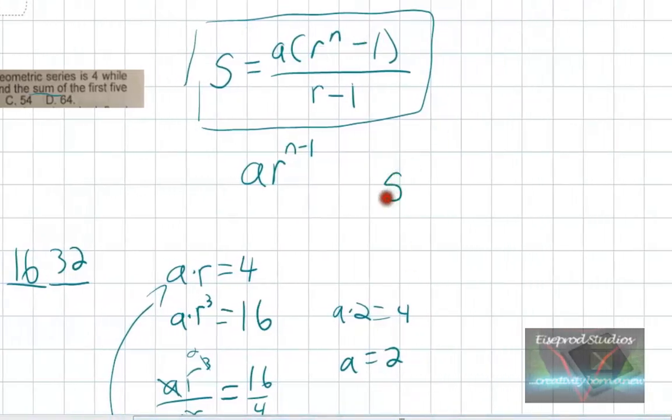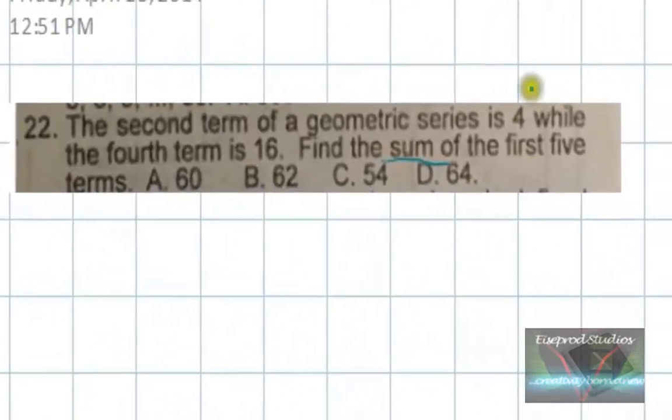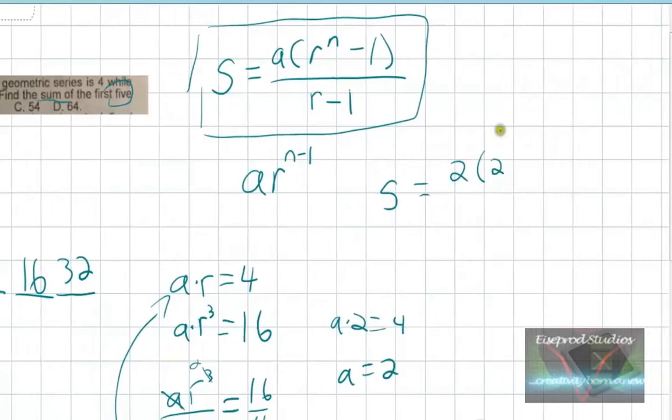So our sum is going to be equal to 2, because that was our first term, times r to the n. We know that our rate is 2, so that will be our r. N is our number of interest, so first 5 terms, so it's going to be 2 to the 5th power minus 1, over r minus 1, which we know is 2 minus 1. So we go ahead and simplify, and we're going to have 2 times 2 to the 5th power.